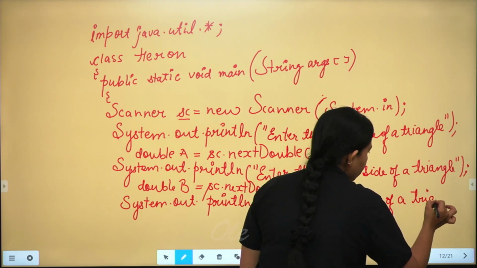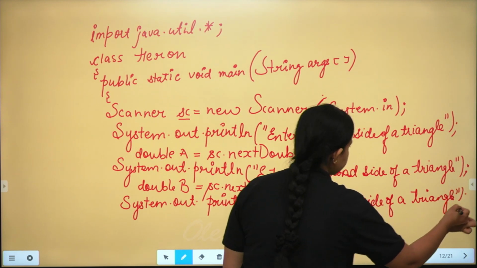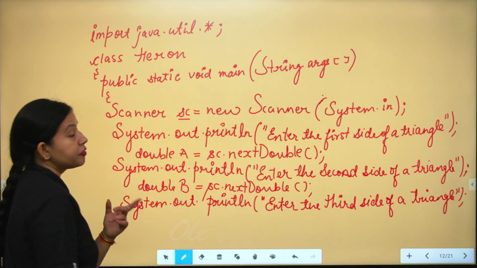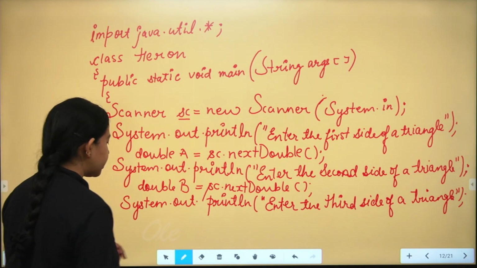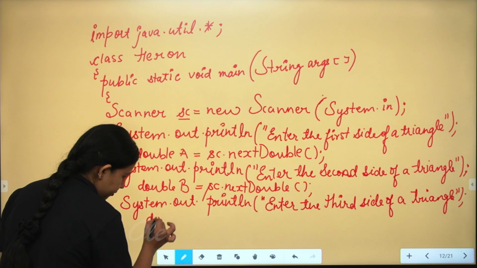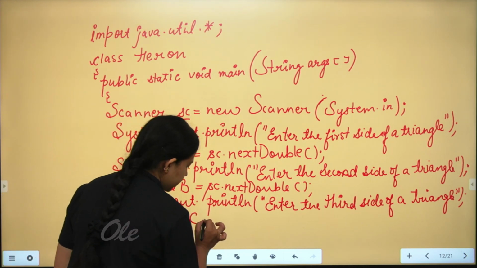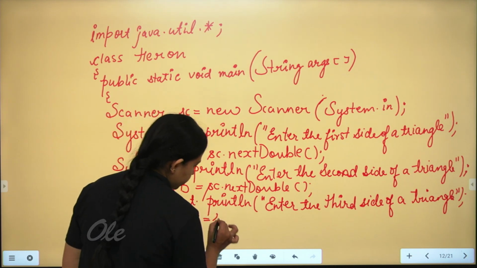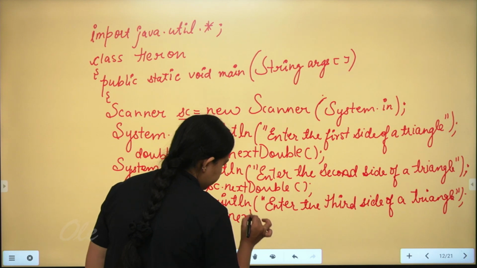You can also give a common message for inputting all the sides of a triangle together and store them in different variables. It can't happen that all values are stored in the same variable; you'll take different values once again. So now, lastly, I'm taking the last side in C with the help of the same object, that is sc dot nextDouble.